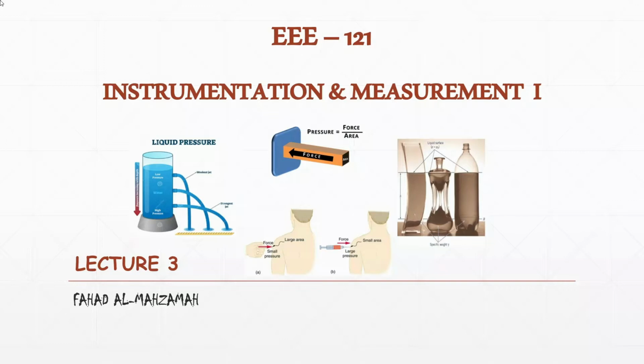In this chapter we are going to study the basic concepts of pressure, and solve some problems related to pressure, and at the end of the chapter we are going to study some different instruments which measure pressure.